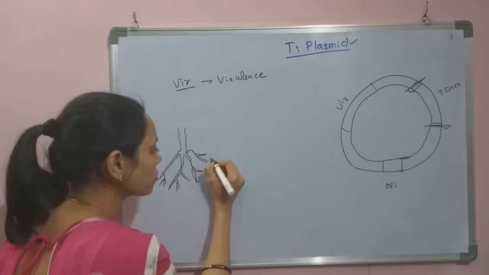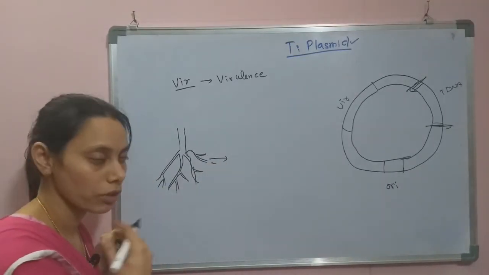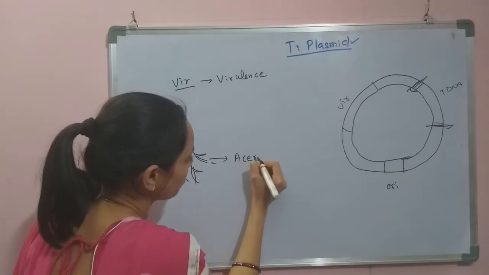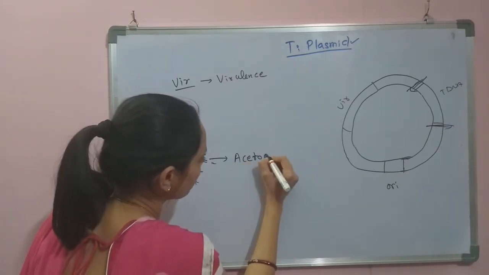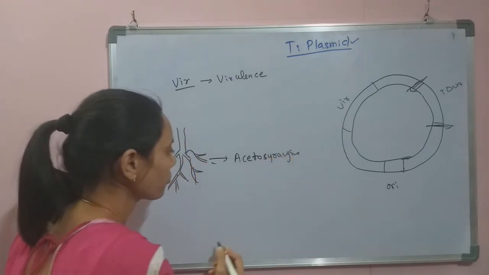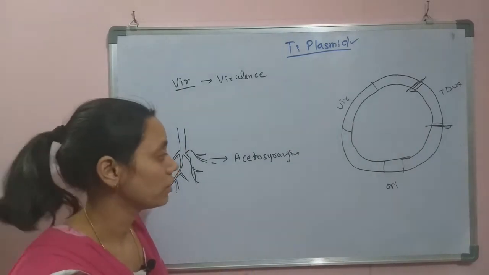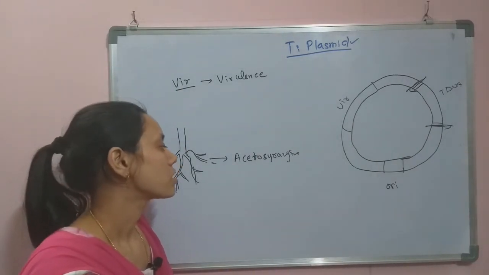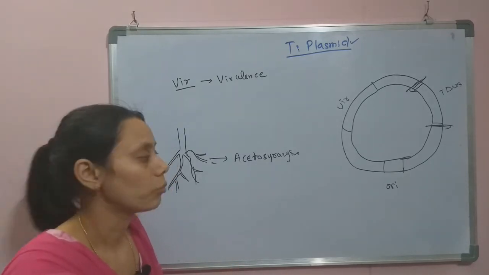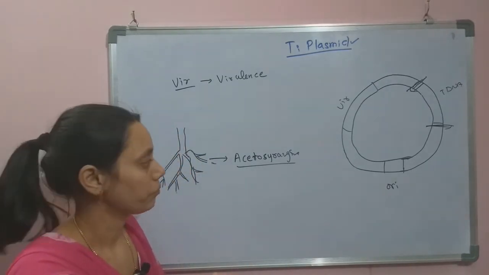Due to that cut or opening, the plant releases its phenolic compounds like acetosyringone, and there are many other compounds like acetovanillone and syringaldehyde, but the most reported one is acetosyringone.